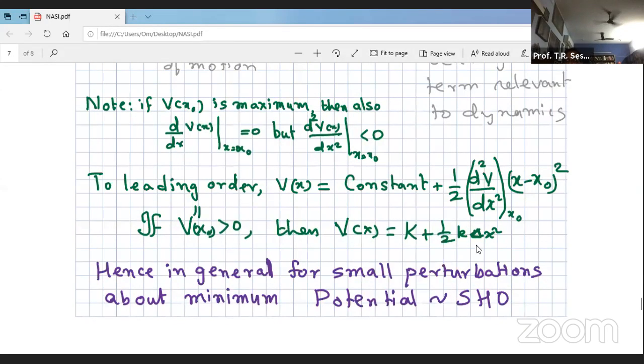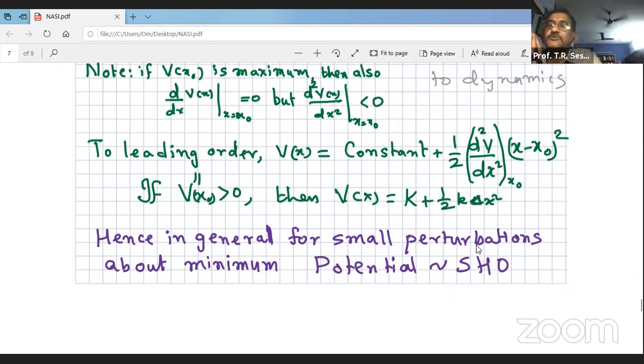So what I see is, in general, when I have small perturbations, I can always approximate the potential as a simple harmonic oscillator potential, provided the second derivative of the potential at the equilibrium is a positive quantity. And that is why simple harmonic oscillator holds such an important place in classical mechanics. Okay, so I hope it is clear. Let's go to the next slide.